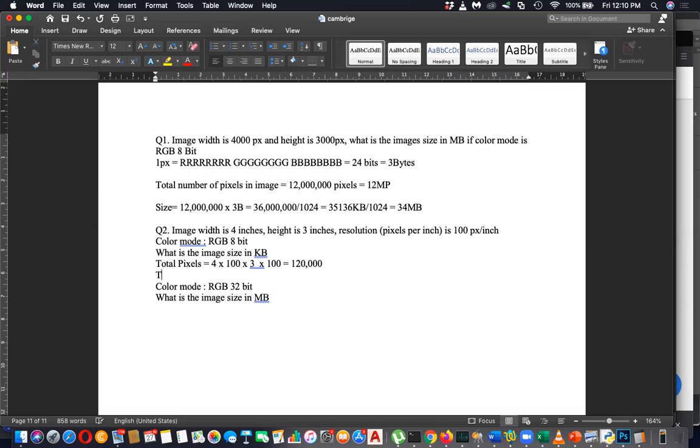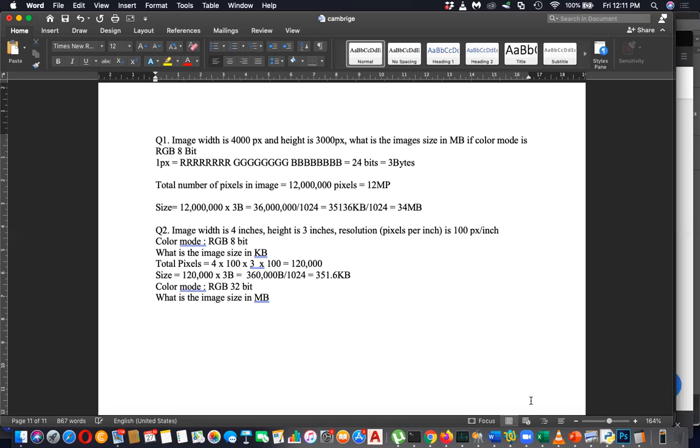Then you know the size. Size is equivalent to 120,000 by 3 bytes, which is 360,000 bytes. You have to divide by 1024, which gives roughly 351.6.